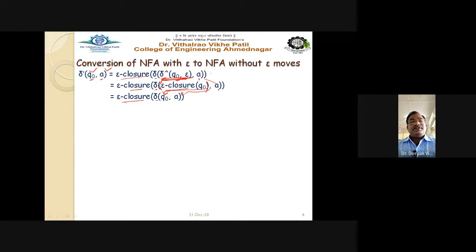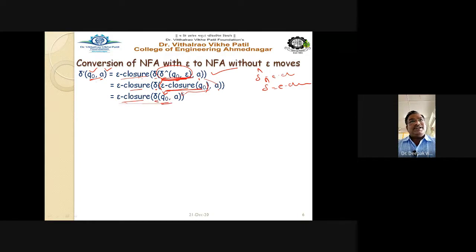First we wrote the formula for Q0, A, that is the ε-closure of δ-cap(Q0, ε). But what is the meaning of δ-cap(Q0, ε)? We have already seen that δ-cap is nothing but the epsilon closure of that particular state. So the ε-closure of (Q0, ε) is the ε-closure of Q0, and the ε-closure of state Q0 is the state itself.